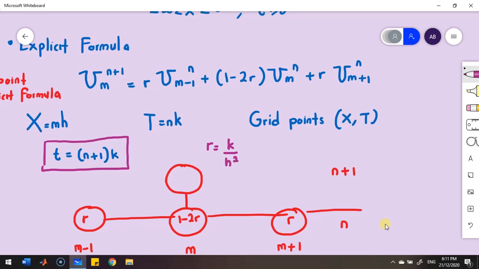Okay, so if x equals mh, and my big T equals nk, then you will have the small t as (n plus 1)k, and also you can have r equals k over h squared.